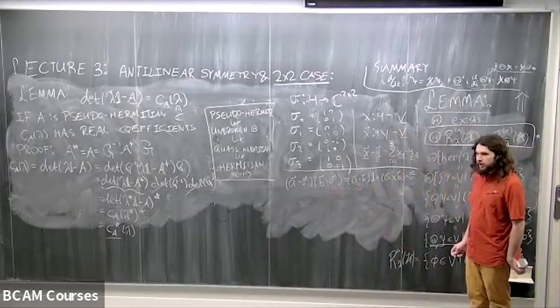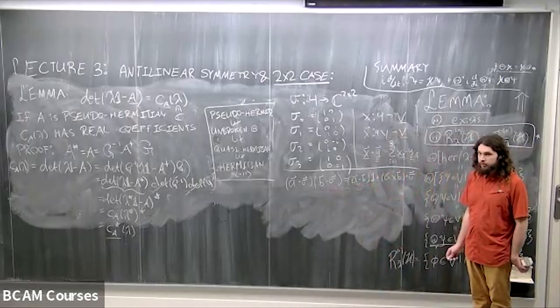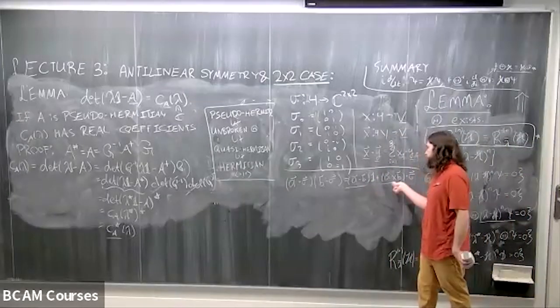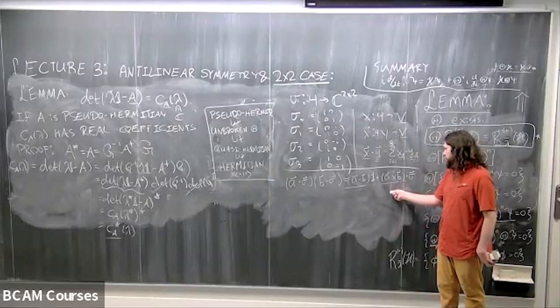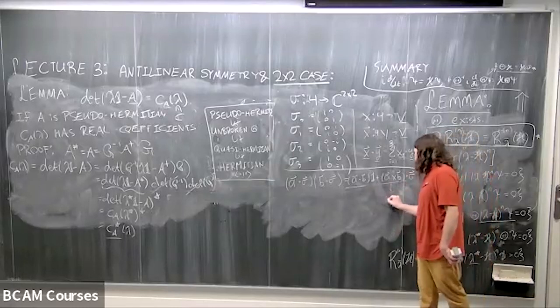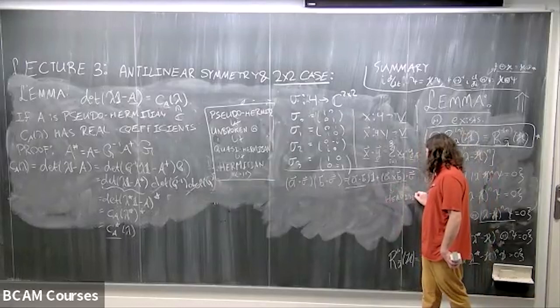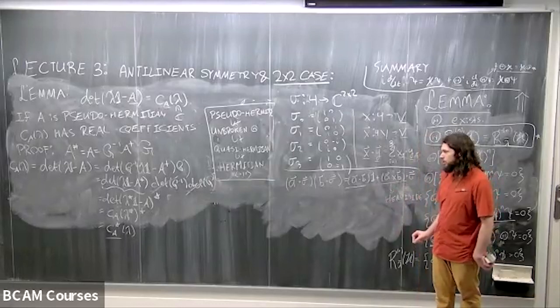Nowadays, when we teach university students three-dimensional Euclidean geometry, we teach it using this dot product and this cross product operation. I think Heaviside, if I'm not mistaken, was the proponent of doing it this way.